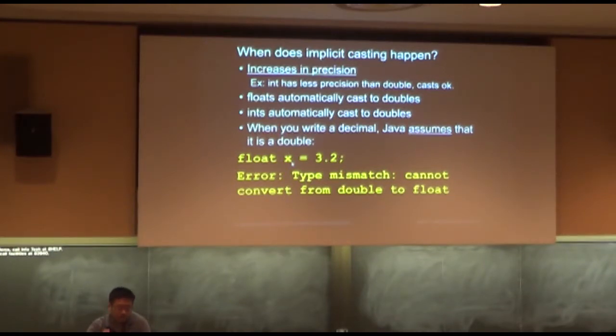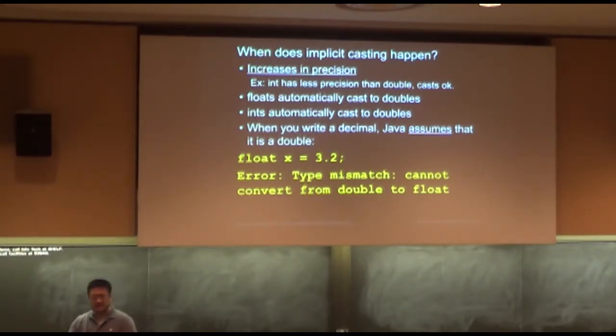So what we're realizing here, as a class, is that anytime we see a decimal value, 3.2, 3.5, that value is interpreted as a double. It's not interpreted as any floating point value. It's always interpreted as a double. So this number here has a type. It's not simply a number.